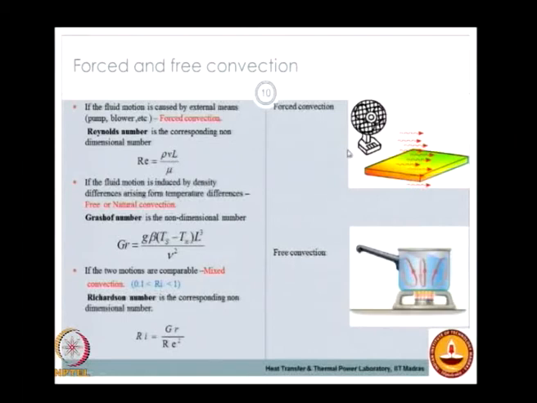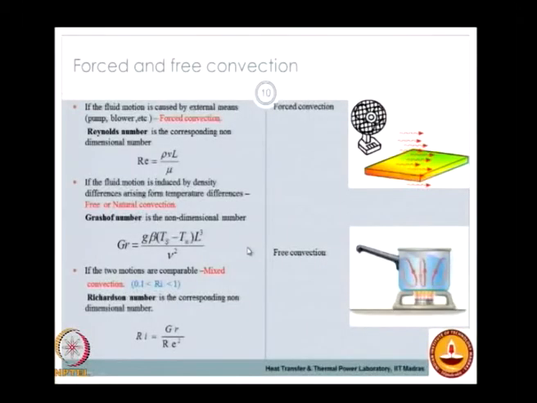Now this is one category of flows which we will be looking at in the initial part of the course. Most of the time there are flows where you do not have to put in any effort or drive them, and they happen all by themselves, due to density differences.